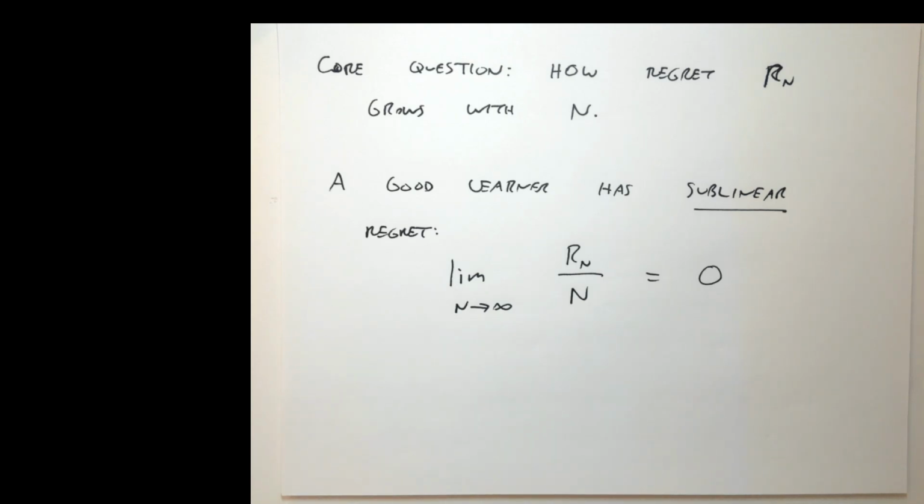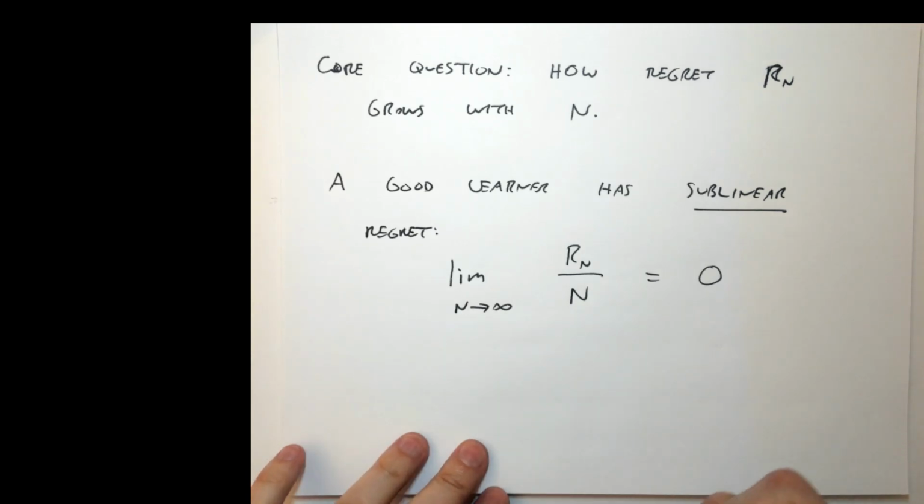What this means is that at some point, the learner has caught on to the best arm. Because what I want is that at every n, on average, that number is growing down. If I'm a good learner, I should be able to figure it out eventually, and that means that as my horizon grows longer, I should be basically picking the right arm most of the time, right?